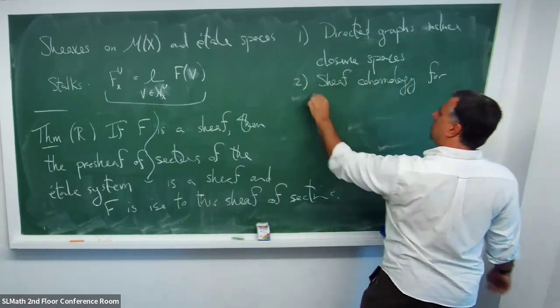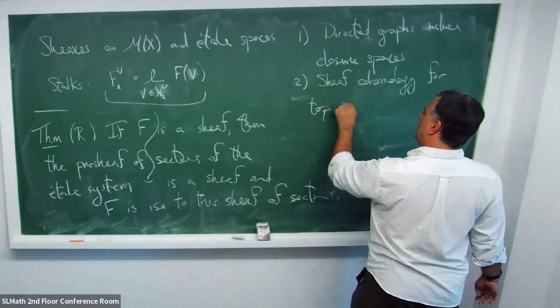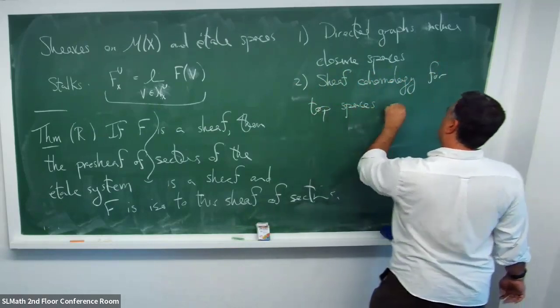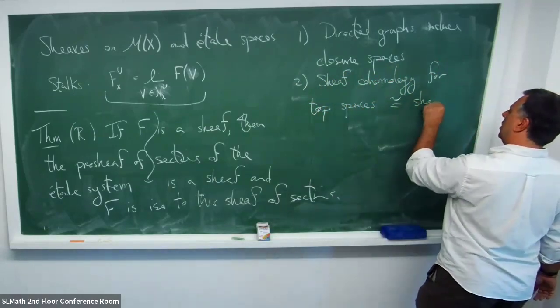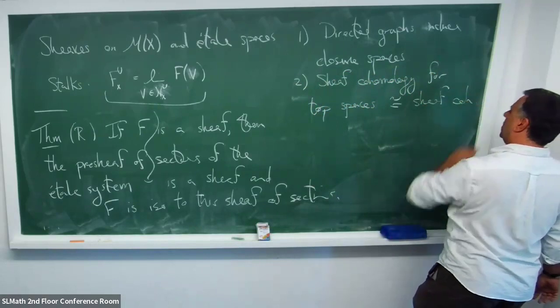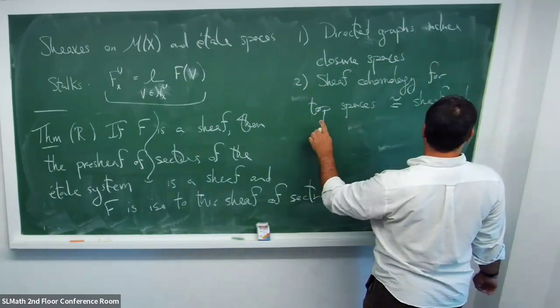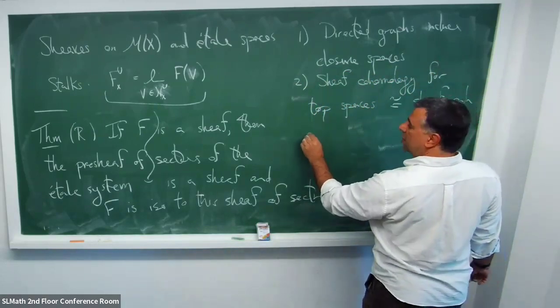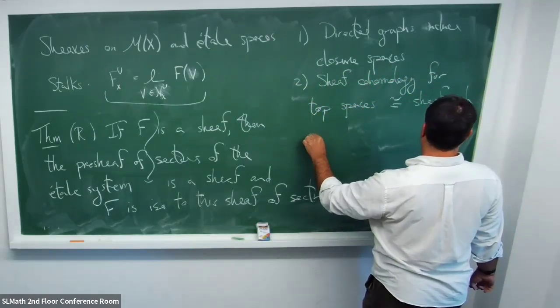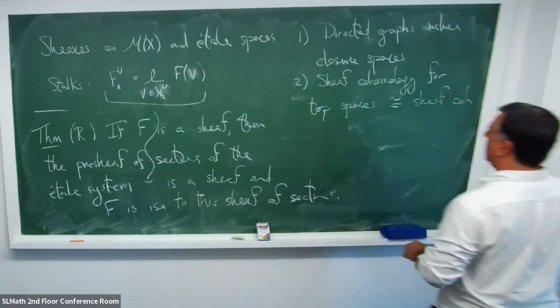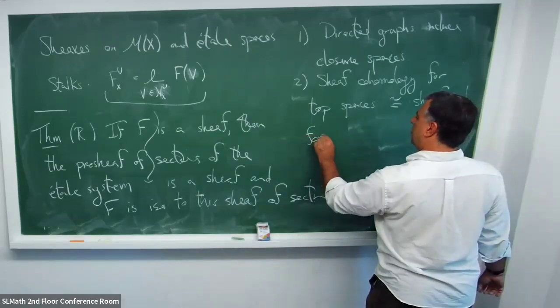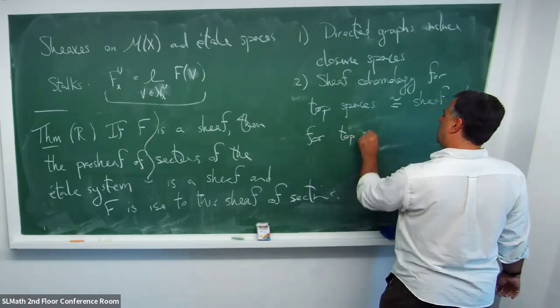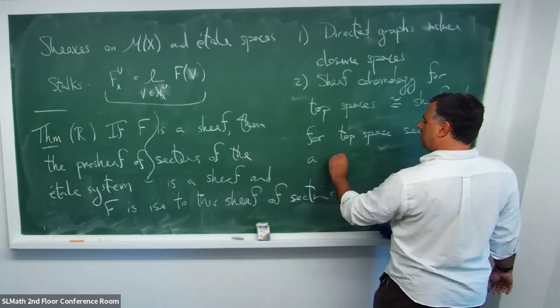For topological spaces, it is isomorphic to the sheaf homology constructed here, where the space is seen as a closure space.